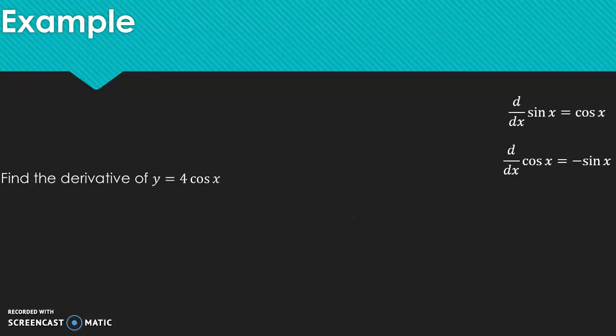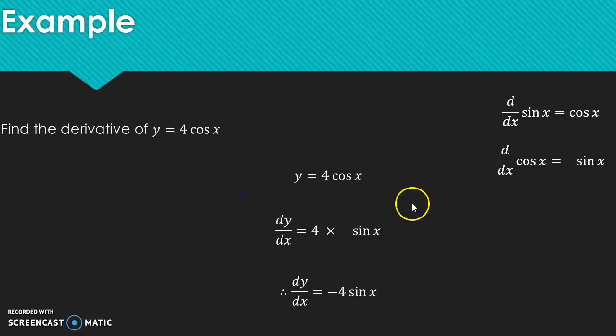So in our first example, we want to find the derivative of 4 cos x. Now this 4 here is just a constant, so it's not going to have a lot of bearing on our answer. Cos x, we treat that as one term. So here, we'll look at the derivative.